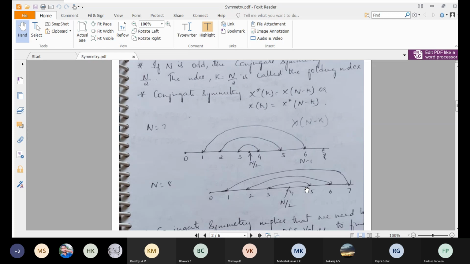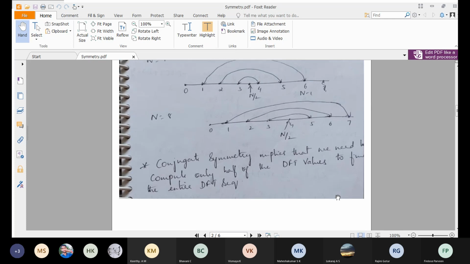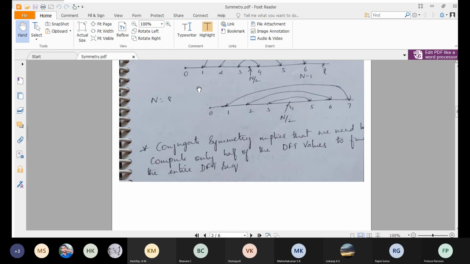So 3 and 5 will be conjugate symmetric, 2 and 6 will be conjugate symmetric, and 1 and 7 will be conjugate symmetric. So if we have the DFT for X of 1, X of 2 and X of 3, and we are asked to calculate the DFT of 4, 5 and 6, then X of 4 will be the conjugate symmetry of 3, X of 5 will be the conjugate symmetry of 2, and X of 6 will be the conjugate symmetry of 1.